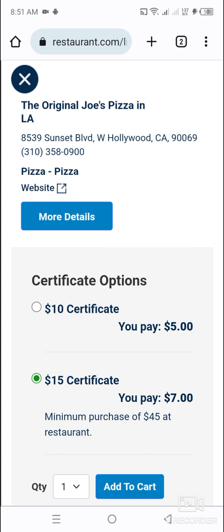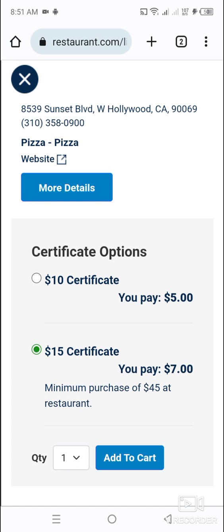Guys, I need to make you all understand that restaurant.com is into the business of selling discount certificates. It is a way for restaurant.com to promote, market, or advertise their partner restaurants.